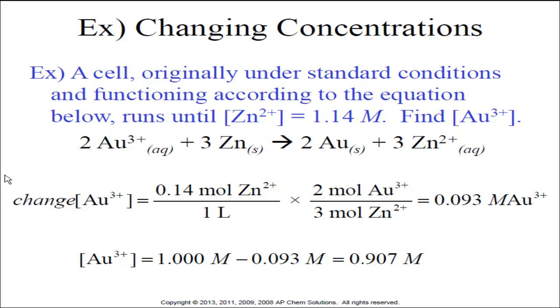The change in concentration of gold: we're looking at our molarity of zinc here because that's increasing, and the concentration of gold is decreasing as our reaction proceeds. So we have our mole bridge here. Our change in concentration of gold is going to be 0.093. We know we started at standard conditions, which is 1 molar, and that it decreases by 0.093 molar. So our new concentration for gold is 0.907 molar.